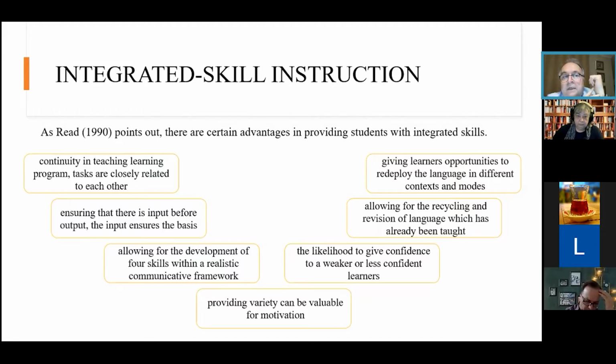Again, this instruction can ensure that there is input before output. The input ensures the basis of integrated language teaching instruction. Again, this kind of instruction may allow for the development of four skills within a realistic communicative framework.